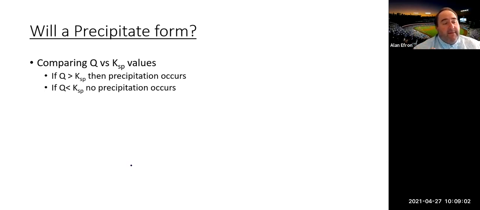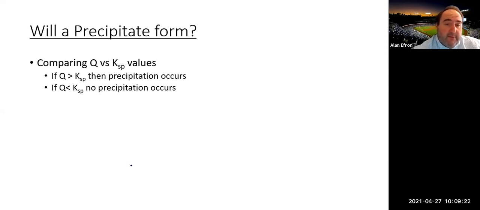One thing that affects this, as we just talked about, is the common ion. Another is pH. And what we're really going to talk about here is that concentration has a big effect on whether or not you'll actually see a precipitate form, even though technically, based off of solubility rules, you should expect to see a precipitate form.